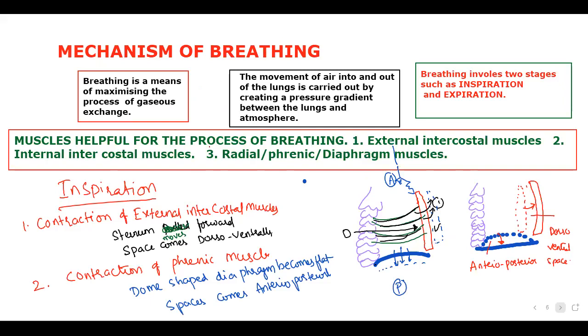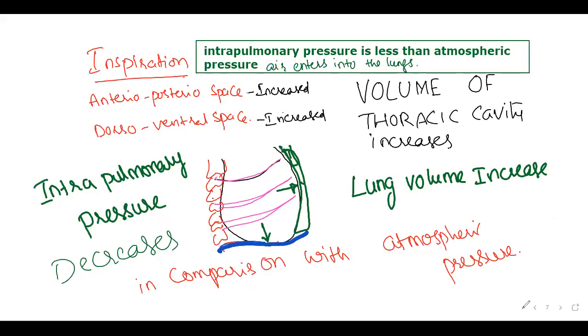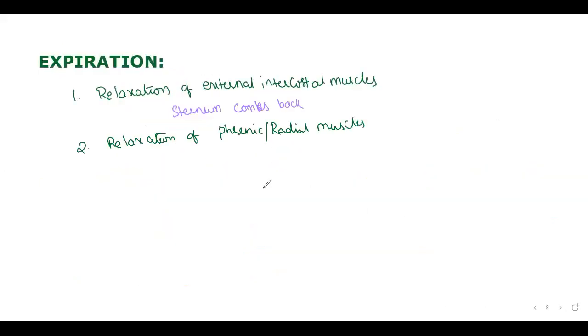Dome-shaped diaphragm becomes flat, and the space comes anterior-posteriorly. Here we write: the flat diaphragm comes to normal position, that means dome shape.